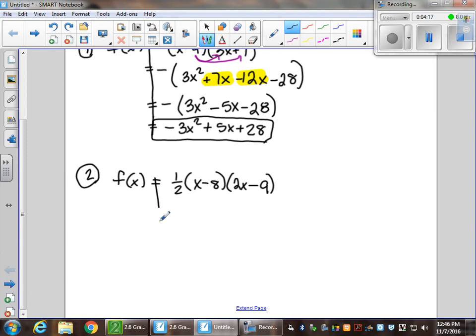So the process is still the same. What are we going to do first? We are first going to multiply out or distribute, FOIL, however you like to see it, these two factors. Leave a alone. A is 1/2. A is going to stay out front. So go ahead and pause the video right now and please distribute out these two factors and see what you get.